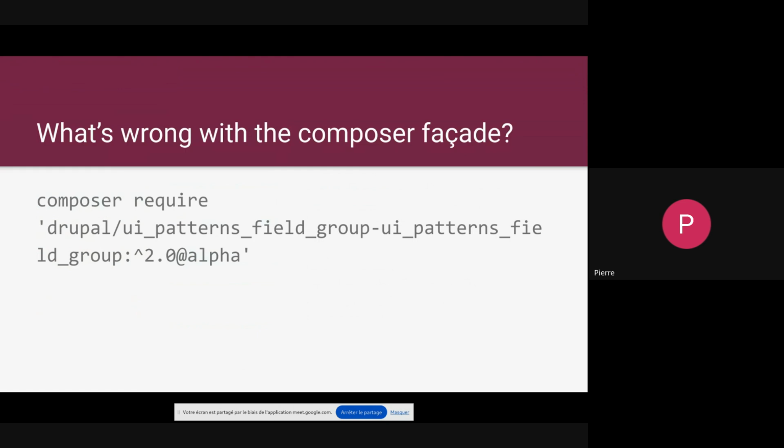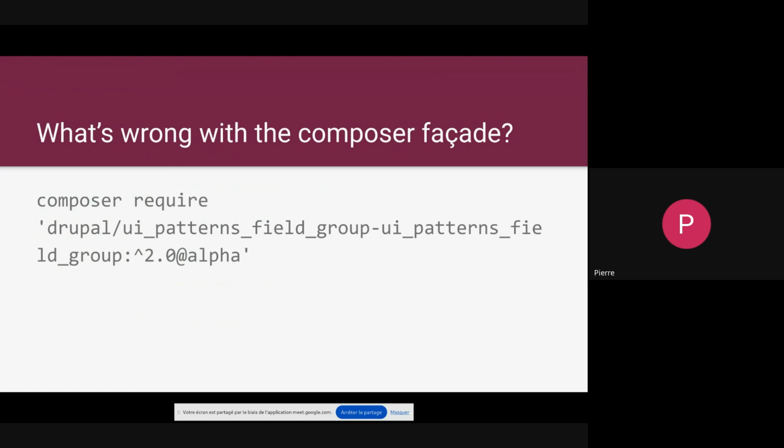So something is not great. There is like a bug, or maybe it's not a bug, maybe it's a choice, maybe a strategy we don't understand. But the composer file set on Drupal.org is currently generating weird package names.